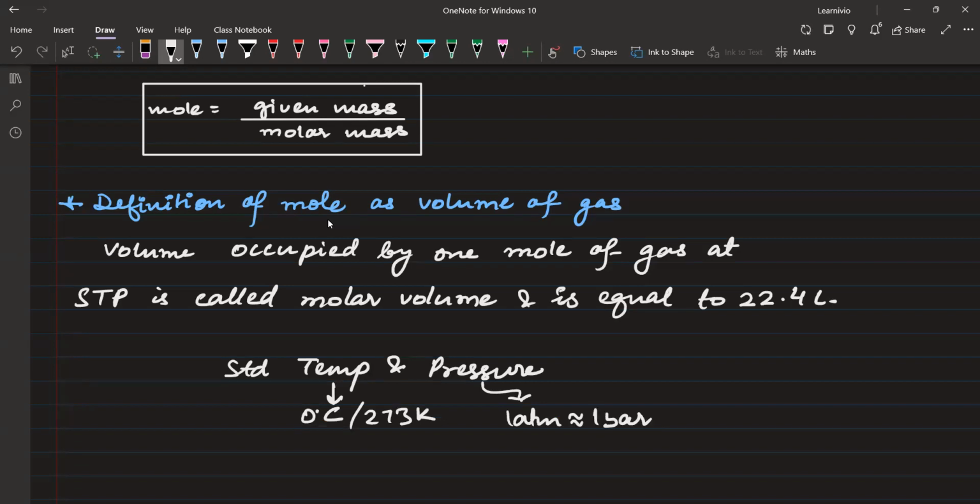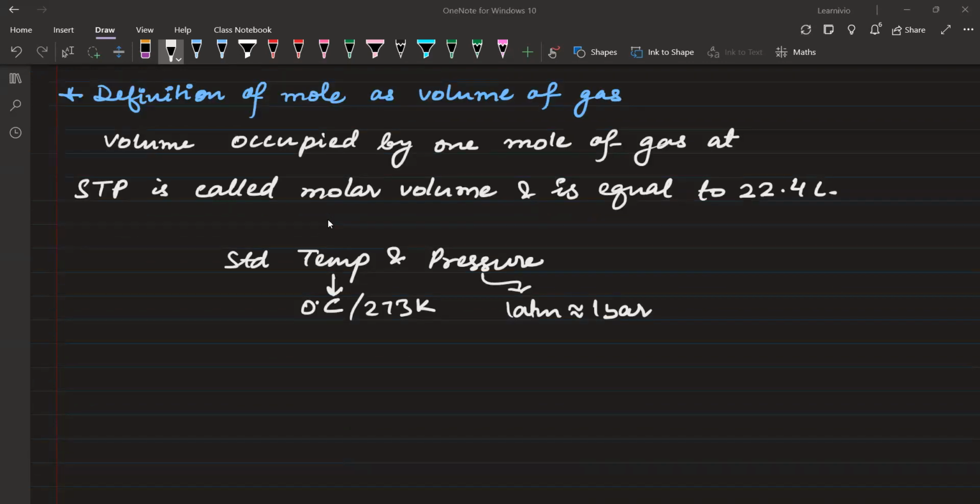Okay. So from here, if I talk about the definition of mole as number, then it is equal to 6.022 into 10 to the power 23. If I'm talking about mass, then 1 mole is equal to the molar mass. If I'm talking about volume of a gas at STP, then that volume is a constant equal to 22.4 liters.